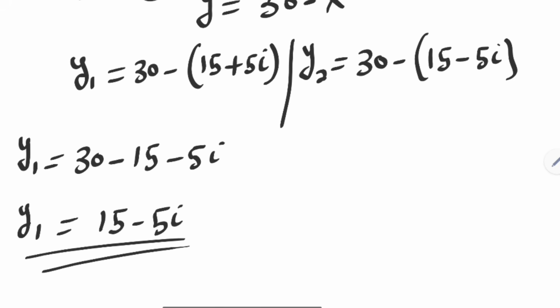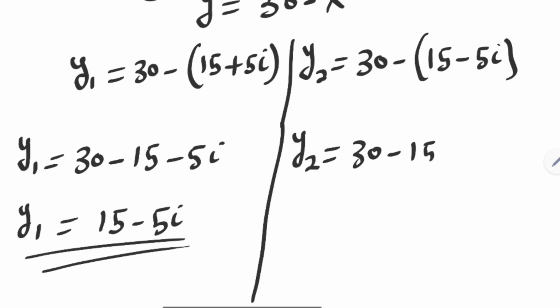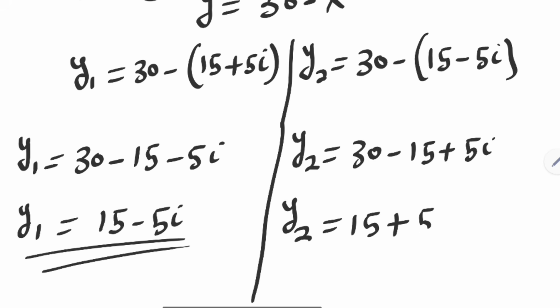This is the value of y1. And y2 is equal to 30 minus 15 plus 5i. y2 is equal to 15 plus 5i. This is the value of y2.